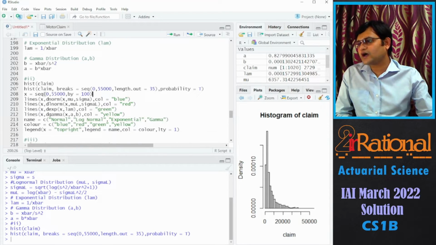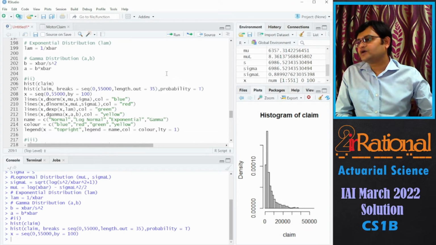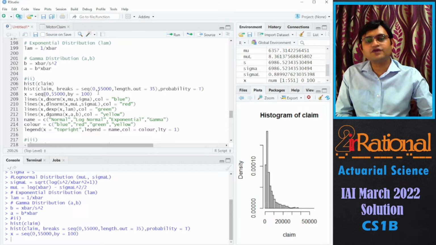So first of all, I'm using the lines function. You can definitely use the curve function as well, no problem. I'm setting my x to be 0 to 55,000 and changing by 100 so that I have very small steps. Rather, I have a total of 551 points where these lines will be made. Then make sure that each one of these lines is of a different color.